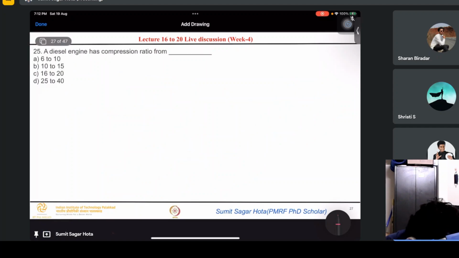A diesel engine has a compression ratio of what? Some MCQ question.